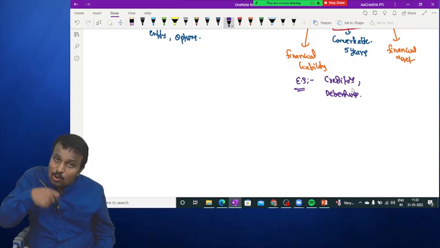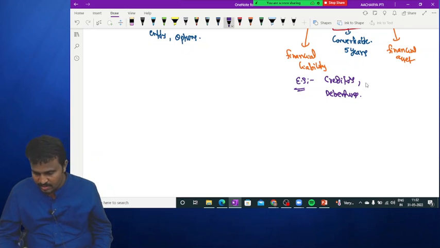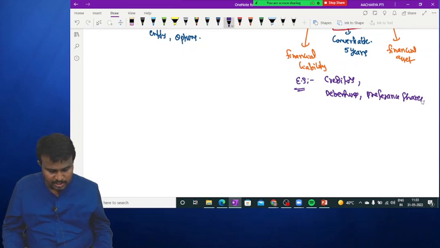Debentures of own company is a financial liability. And one more thing is redeemable preference shares of the company. So these are called financial liabilities of the entity.